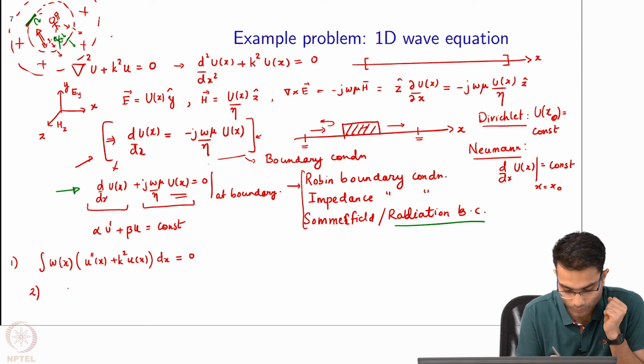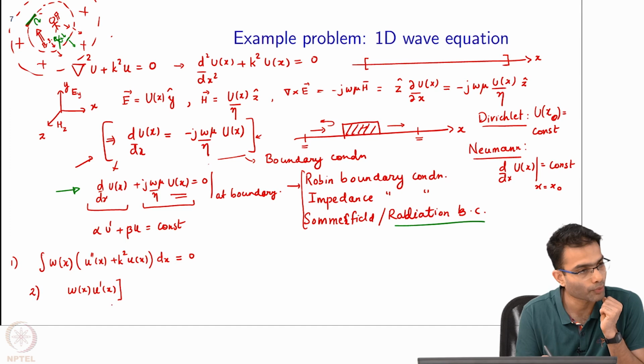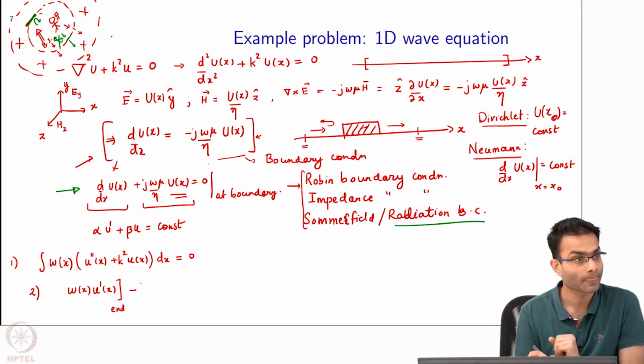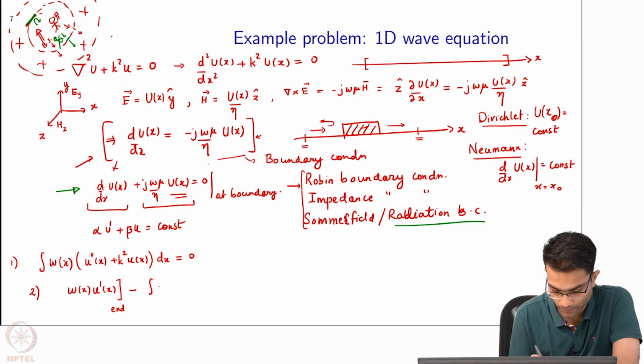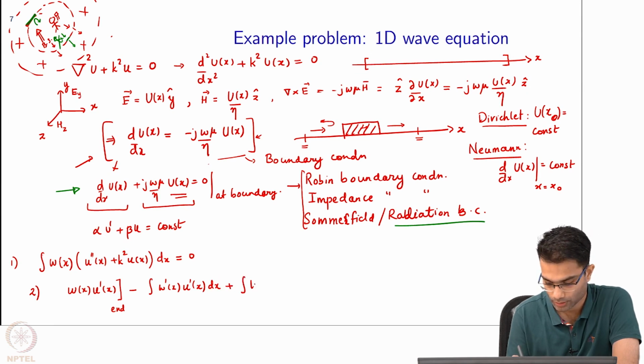So, this will become W of x u prime of x at the endpoints, minus the integral of w prime of x u prime of x dx, plus k squared w of x u of x dx equal to 0.